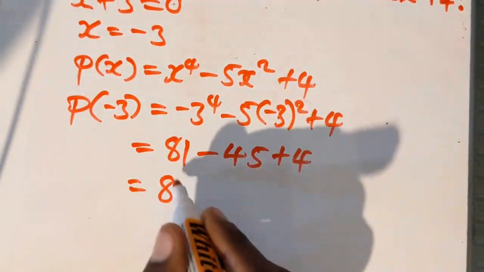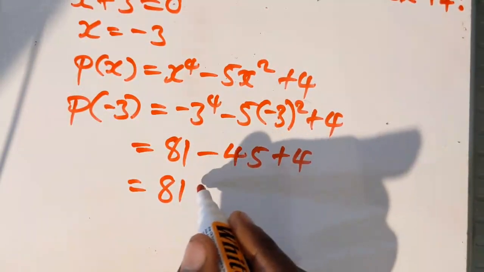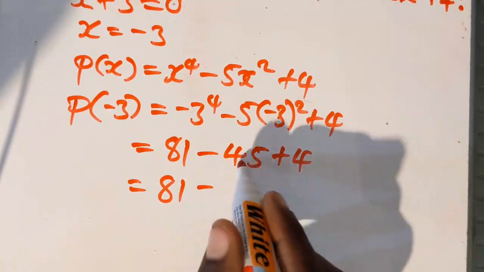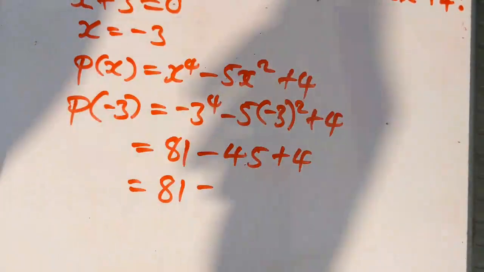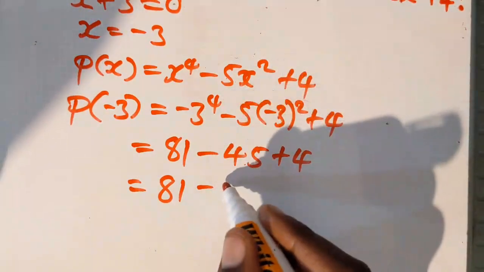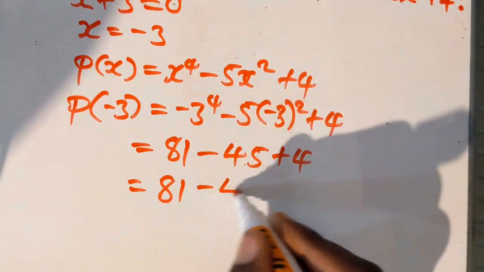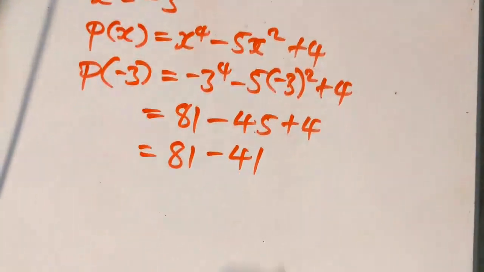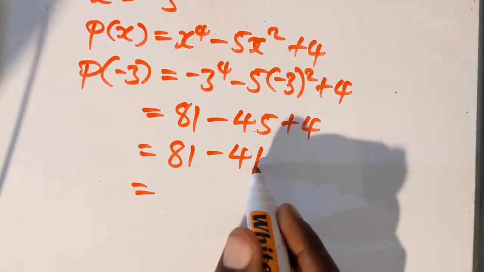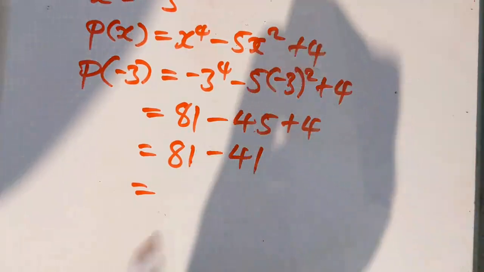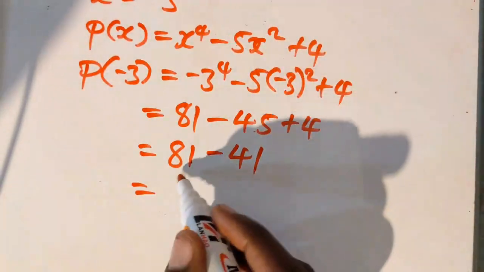So 4 plus negative 45 is going to give you negative 41. Then 81 plus negative 41 is going to give you 40.